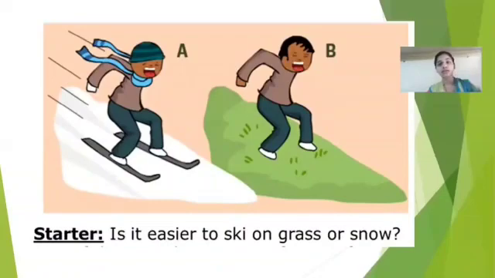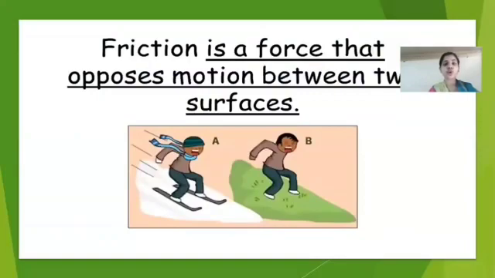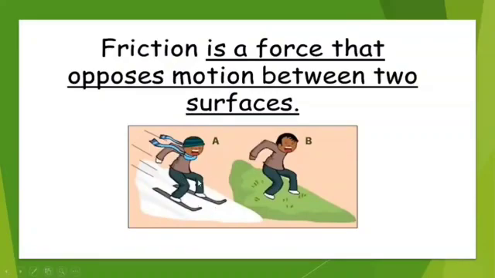In figure A and figure B, is it easier to ski on grass or snow? Where is the friction more and where is the friction less? On the grass the friction is more and on the snow the friction is less.